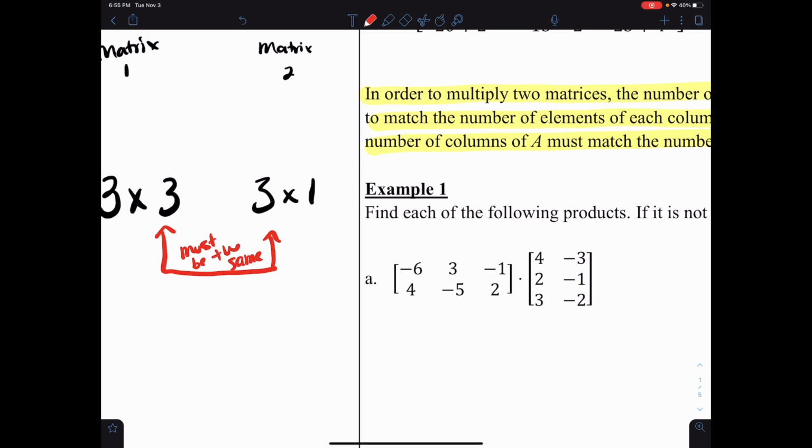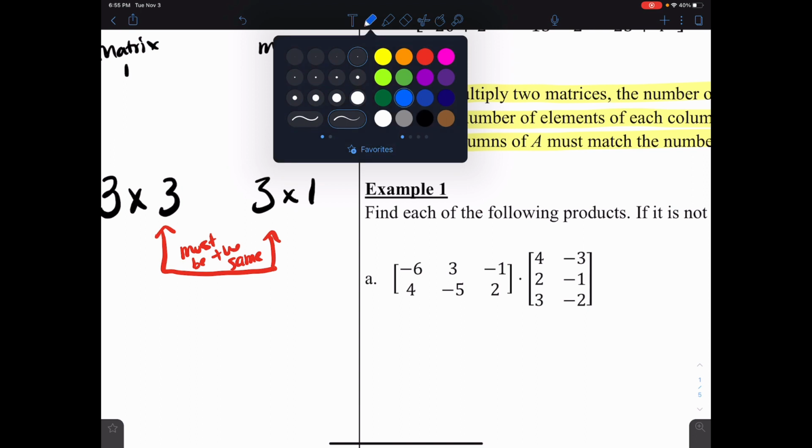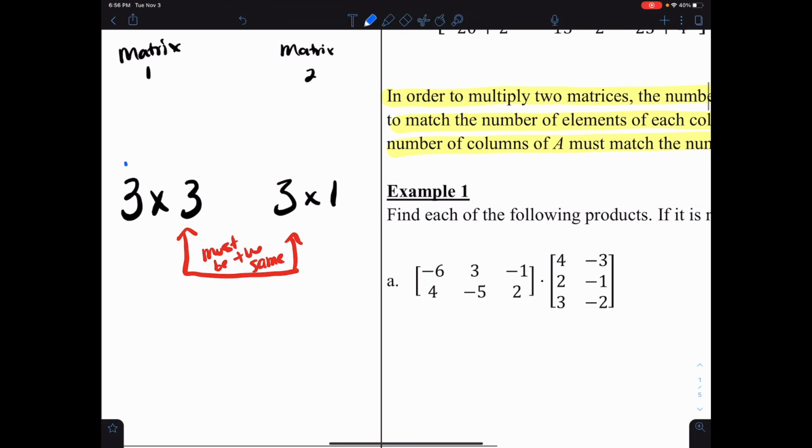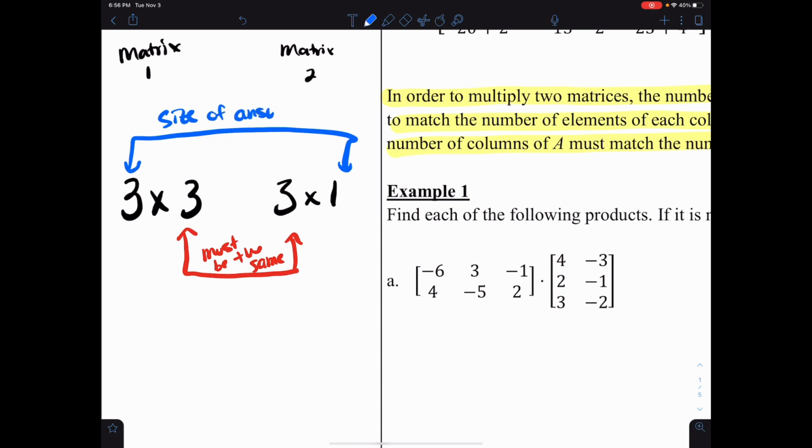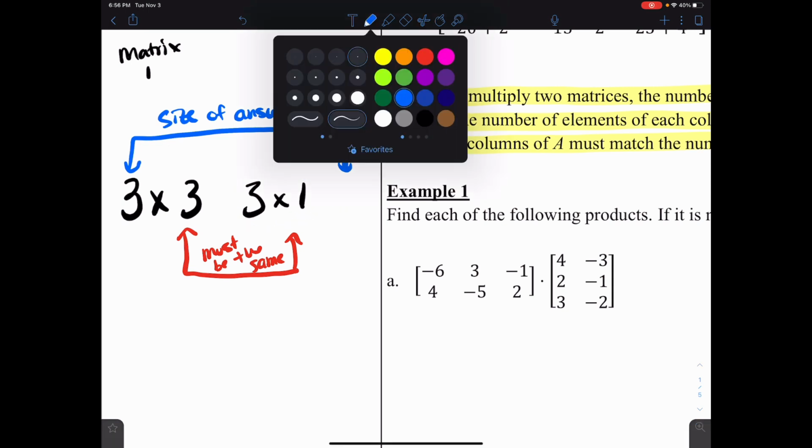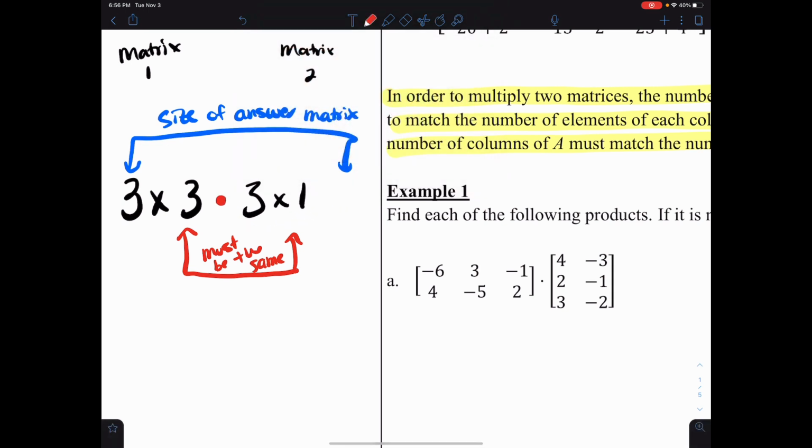If they are the same, then what we would then know is that the outer dimensions will give us the size of the answer matrix, or in other words, the size of their product. So when I multiply these matrices together, I'm just going to put a dot just for multiplication purposes. The size of the resulting matrix is going to be 3 rows by 1 column.